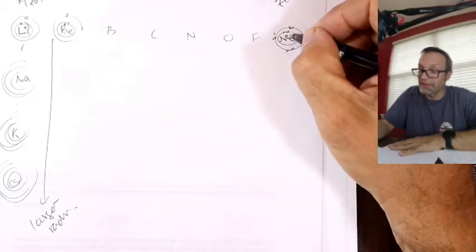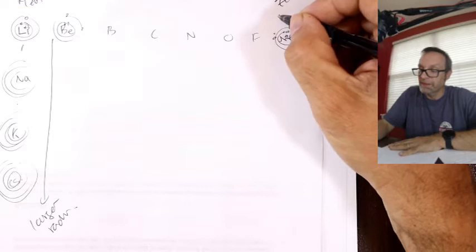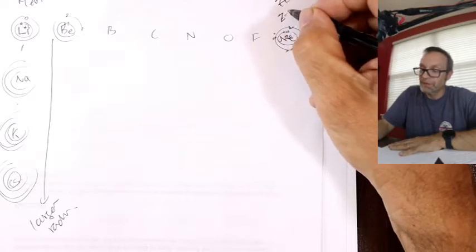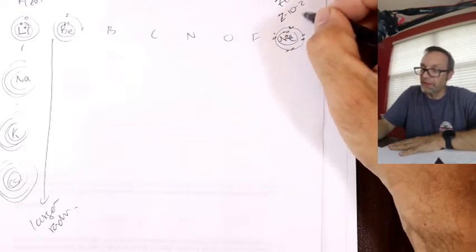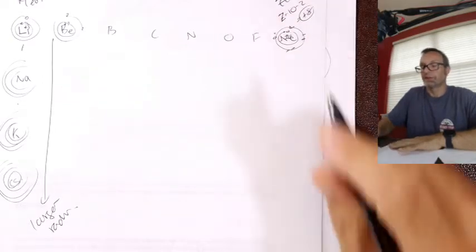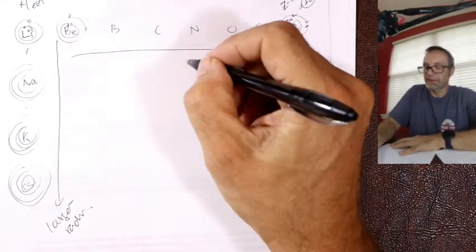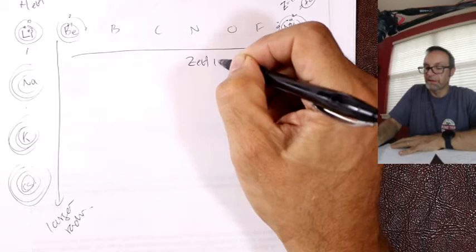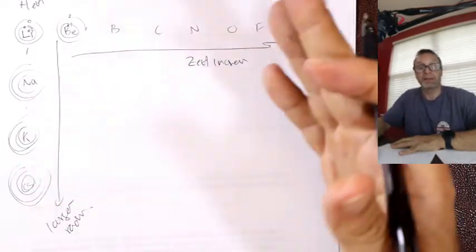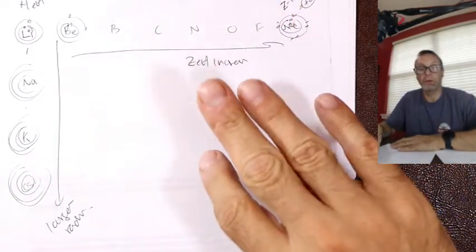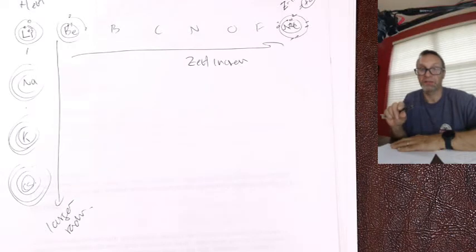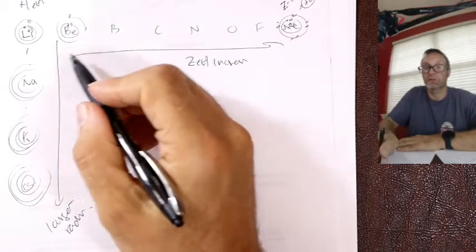Neon is a +10 nucleus, and again there's 2 in the way, which equals +8. So as we go across, the effective nuclear charge increases. The pull on the electrons from the nucleus increases across the row.